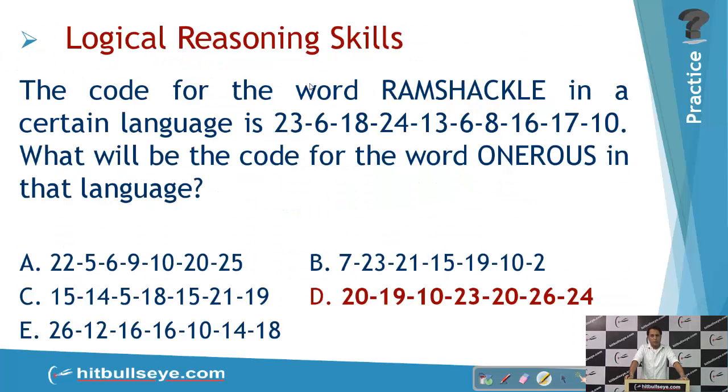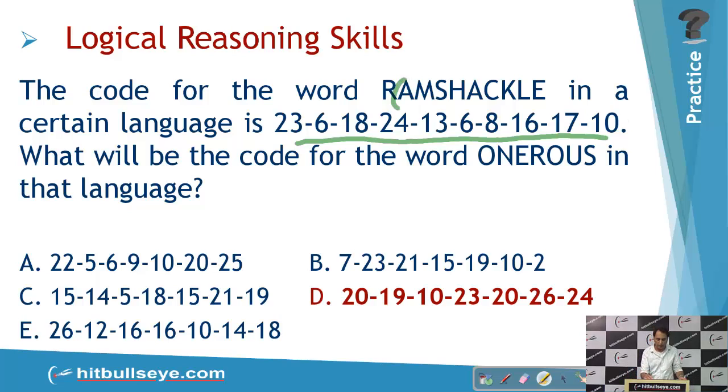Let's take a look at a sample question from logical reasoning skills. The code for the word ramshackle in a certain language is 23, 6, 18, 24, 13, 6, 8, 16, 17, 10. What will be the code for the word onerous in that language? Now, some analysis there, and I'm sure as a test taker you can figure out that the code here is the position of the letter in the English alphabet plus 5.